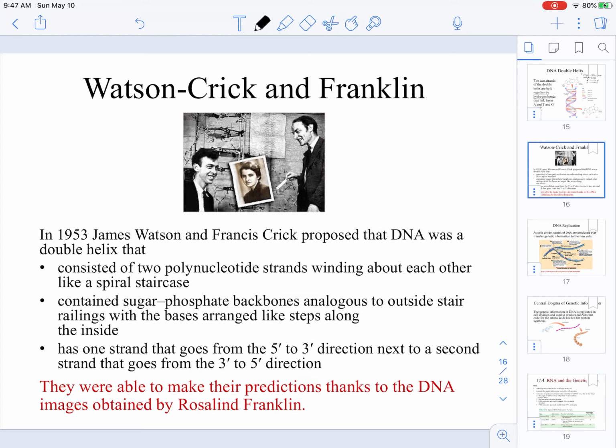One runs 5 to 3 and the other one 3 to 5. Then they also demonstrated that they contain sugar phosphate backbones that are analogous to the outside stair railings, and the bases are arranged like steps along the inside of these strands. As I mentioned before, they also determined that they run anti-parallel. One runs 5 to 3 and the other one 3 to 5.